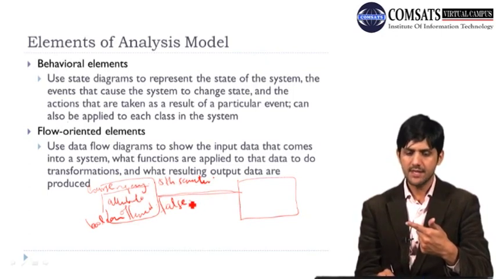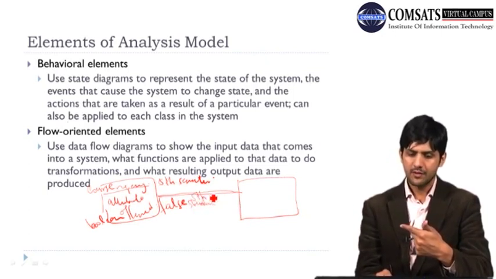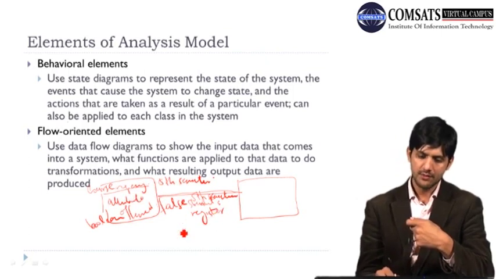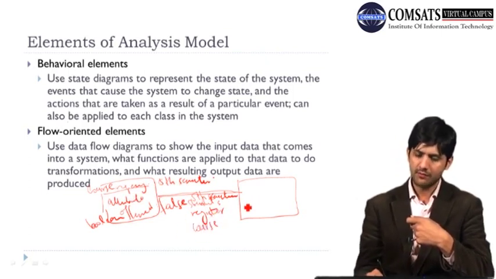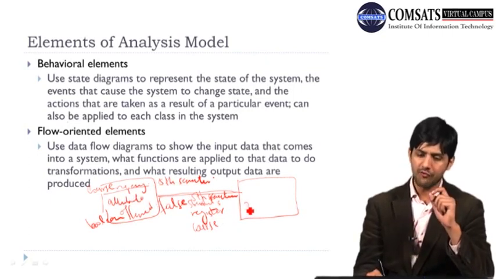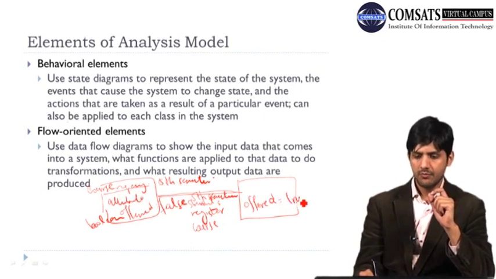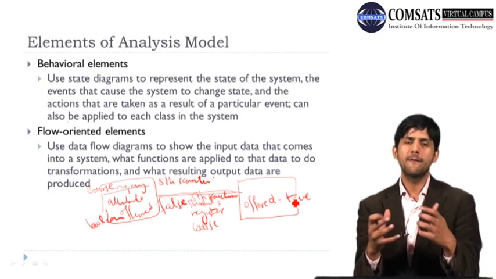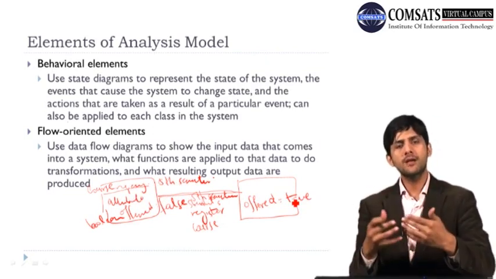So we can say the event is that 5th semester students register this course, and then the value of this Boolean variable offered would be true.